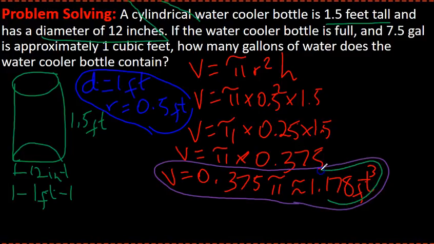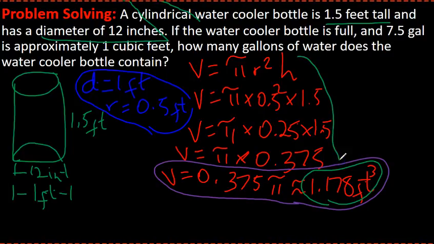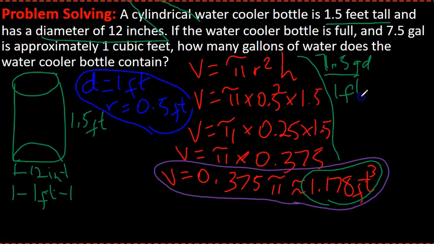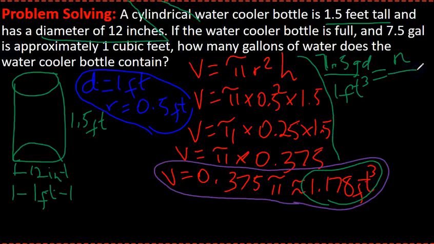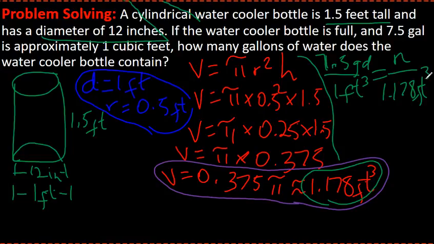They gave us the conversion factor, which is 7.5 gallon over 1 cubic foot, will be equal to how many gallon over 1.178 cubic feet. So we know this type of problem, of course, you can cross multiply if you want.